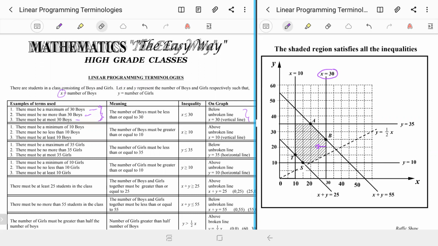Look at the next one. It says, there must be no less than 10. It means the same thing. You can't go less than 10. It means 10 or more. If you go into a party with no less than $10, it means you have to have 10 or more dollars.